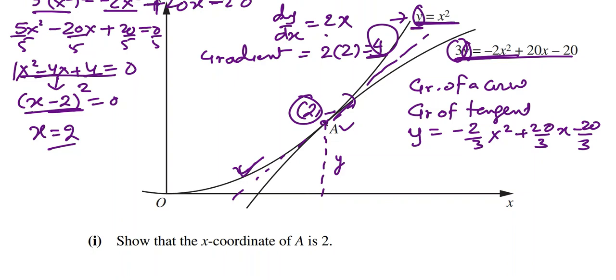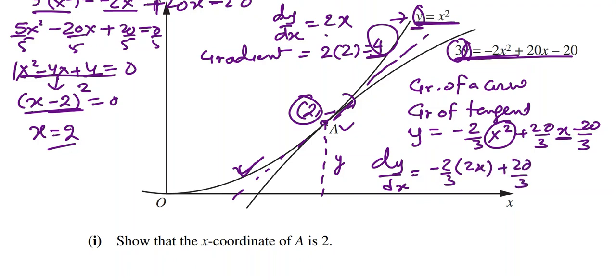Let's find dy over dx in this case. Minus 2 over 3 and x square, its differentiation will be 2x. Plus 20 over 3 and the differentiation of x will be just 1, and differentiation of minus 20 over 3 will be 0, so we'll ignore it, and now in place of this x we'll put 2.